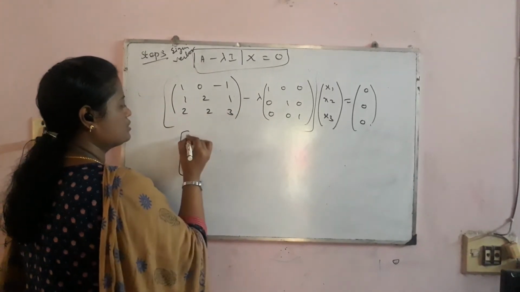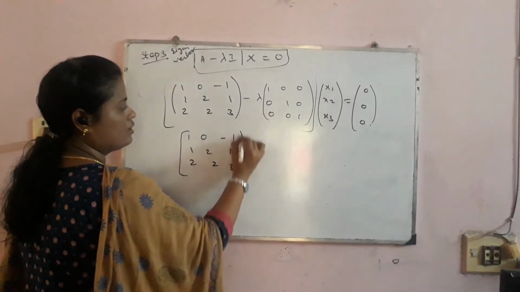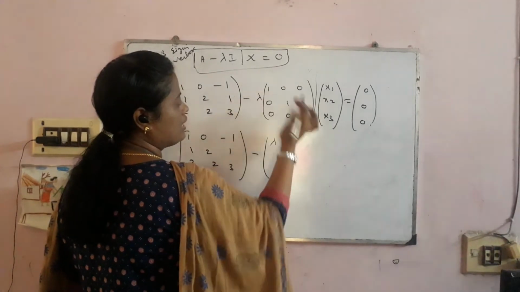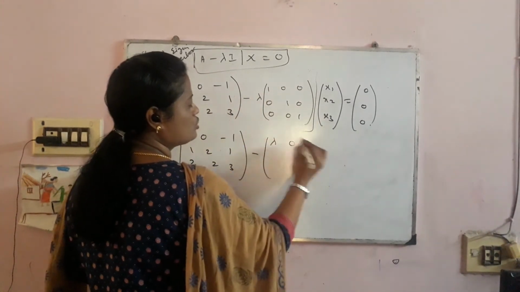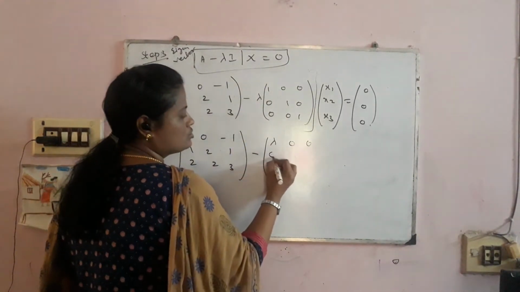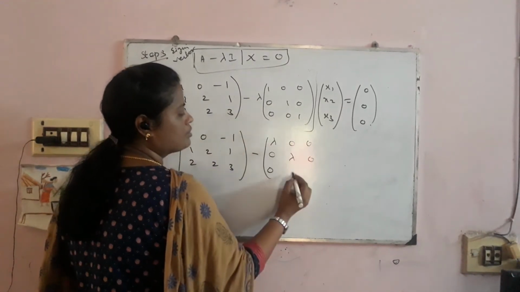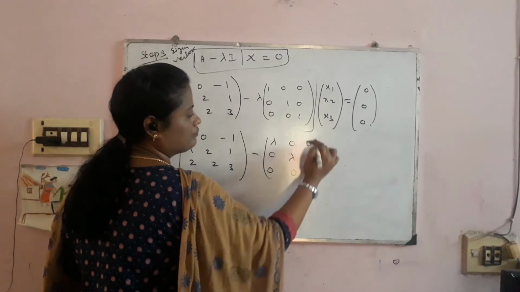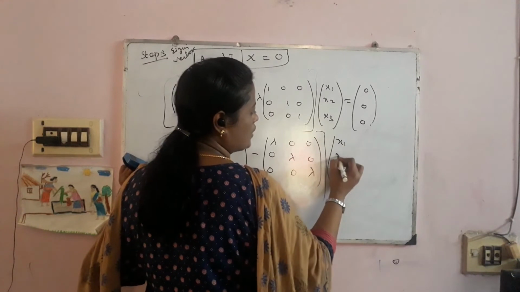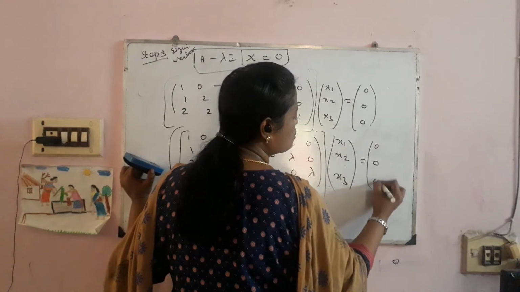You get the matrix 1, 0, -1; 1, 2, 1; 2, 2, 3, minus, multiplying lambda inside, lambda times the identity: lambda, 0, 0; 0, lambda, 0; 0, 0, lambda. Just ordinary multiplication, multiply lambda to all the elements. The eigenvector is x1, x2, x3, which is equal to 0, 0, 0.